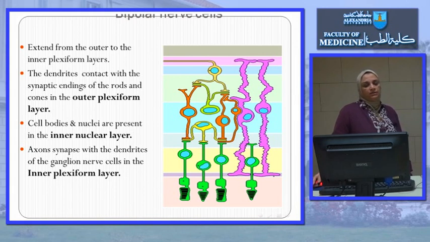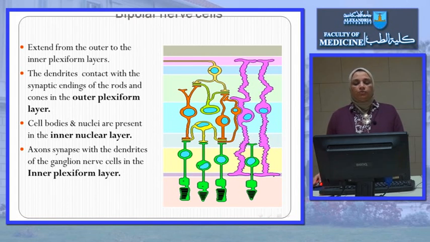The dendrites contact with the synaptic endings of rods and cones in the outer plexiform, together with the processes of the horizontal cell. The cell bodies and nuclei are present in the inner nuclear layer, while the axons of these bipolar cells will synapse with the dendrites of the ganglion nerve cells in the inner plexiform layer.